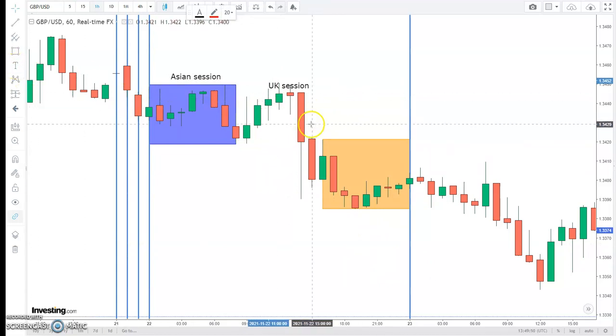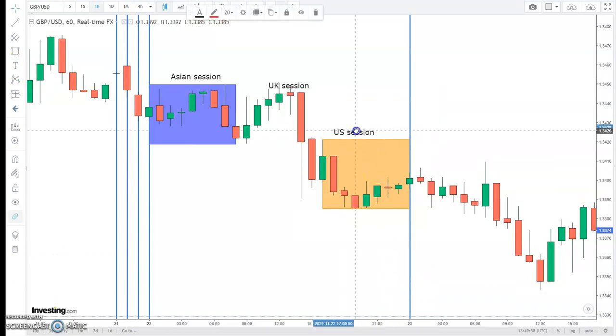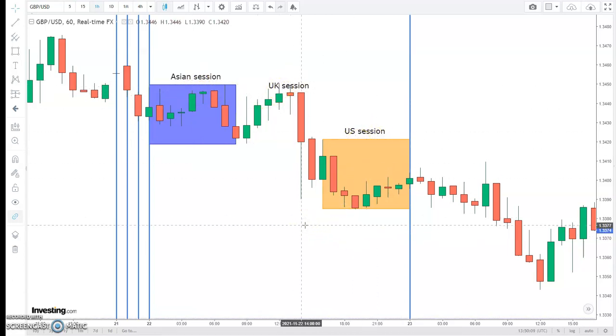And this is the US session. So if you have a look at your day, this is the Asian session, this is the UK session, this is the US session. We know that basically 8 times 3 is 24. And those are the 3 sessions that we trade.